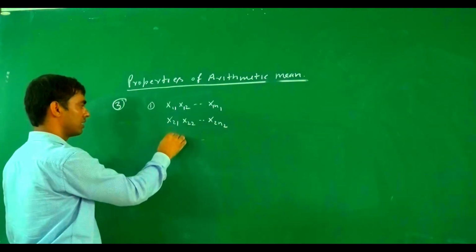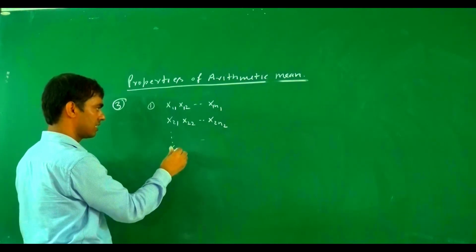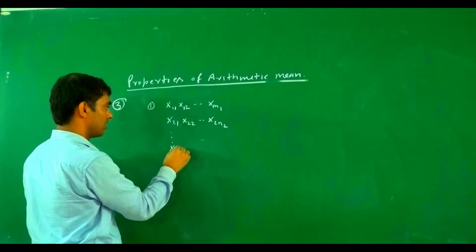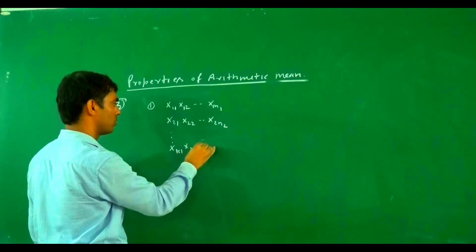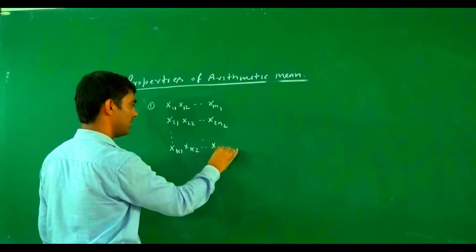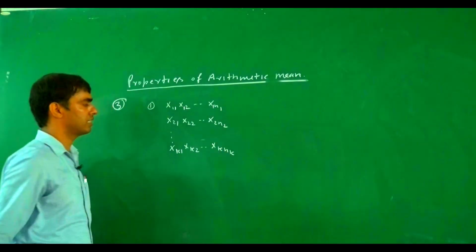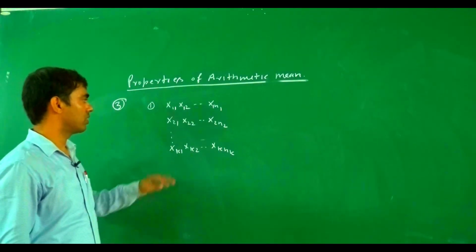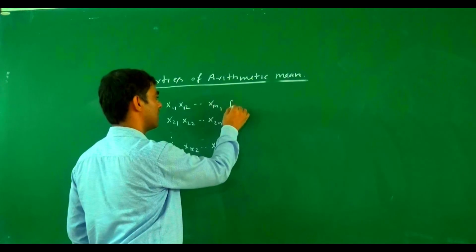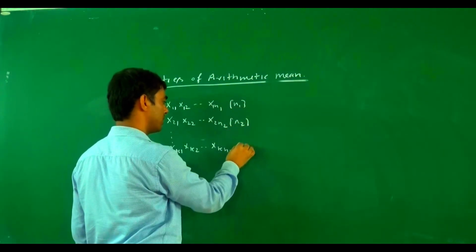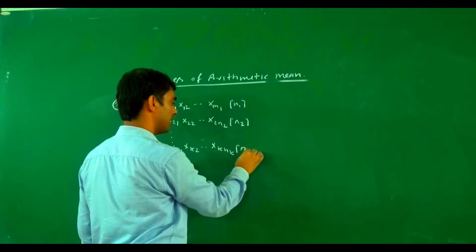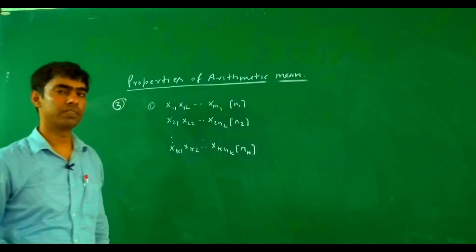And similarly there is xk1, xk2 up to xknk. How many elements are there? There are n1 elements, n2 elements, and nk elements.